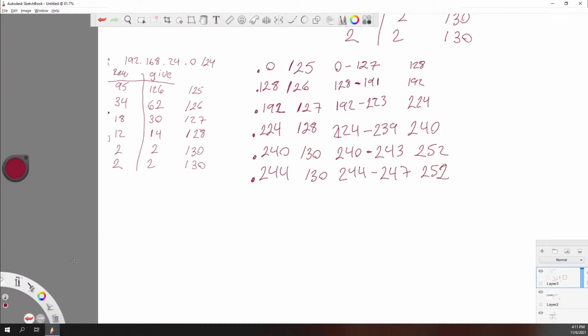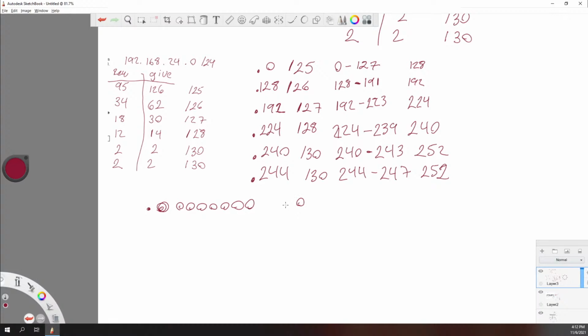So remembering what we said before, with the whole addresses, the first one is the network portion, and the last one is the broadcast. So if we take this first address as an example, we enter in that last bit that can't be switched, which is a 0, and then we enter in all zeros for our host portion. 1, 2, 3, 4, 5, 6. We need one more for 7.